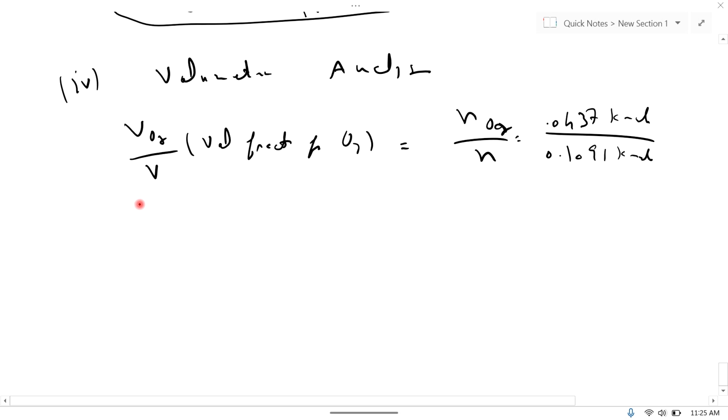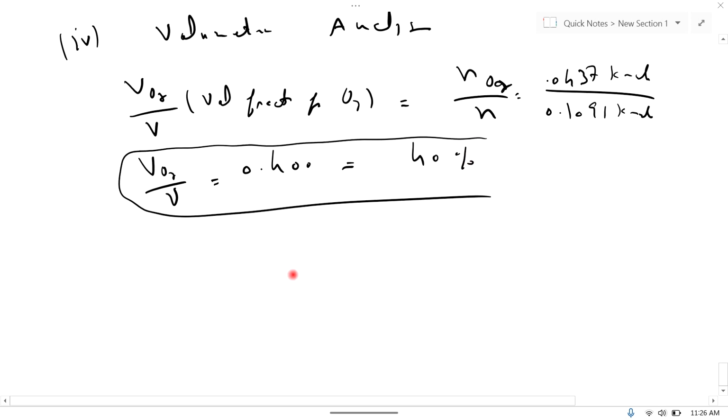So the volume fraction of O2 is equal to 0.400. Now convert this into percent: multiply by 100 and divide by 100, so it is 40 percent.